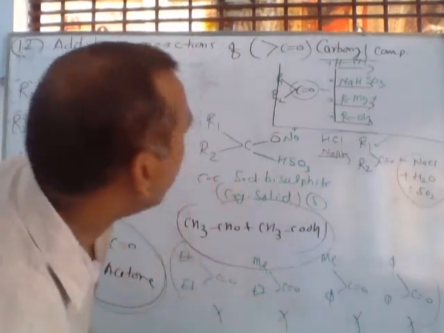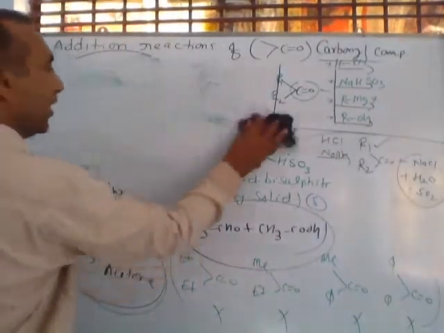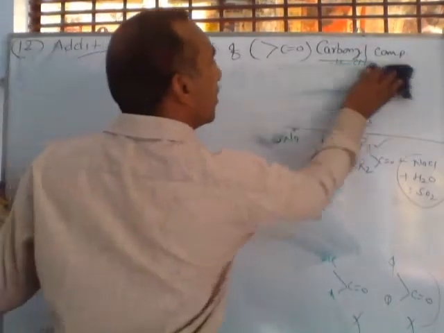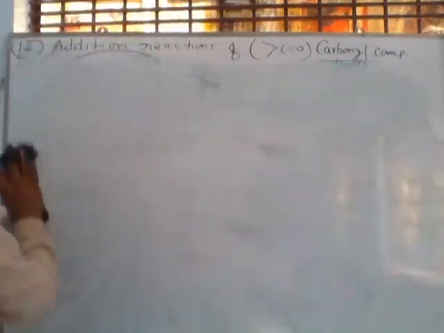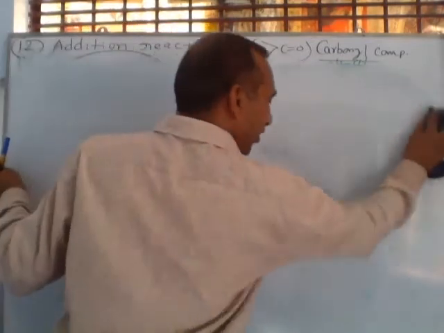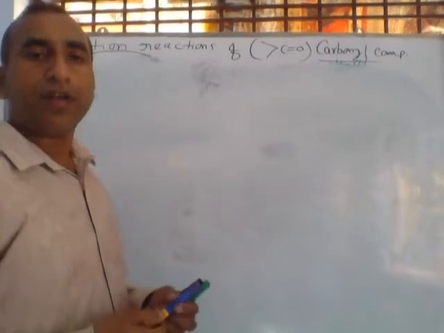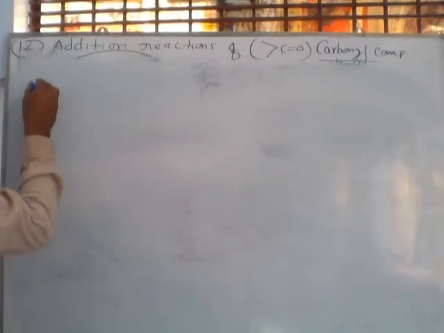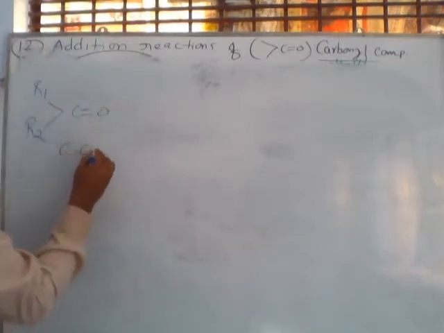Now, the third is the reaction of RMgX. RMgX is the Grignard reagent. Grignard reagent means alkyl magnesium halide. So the Grignard reagent also has polarity. Can you guess in RMgX which element is positive and which is negative? Remember here R1, R2, CC means carbonyl compound.